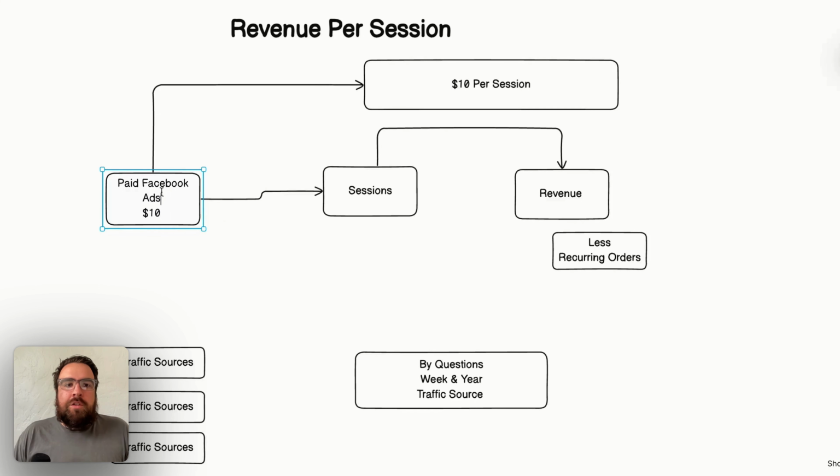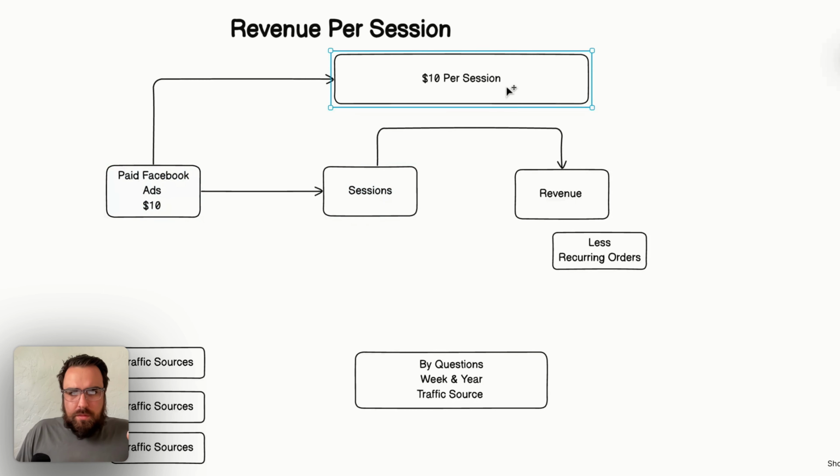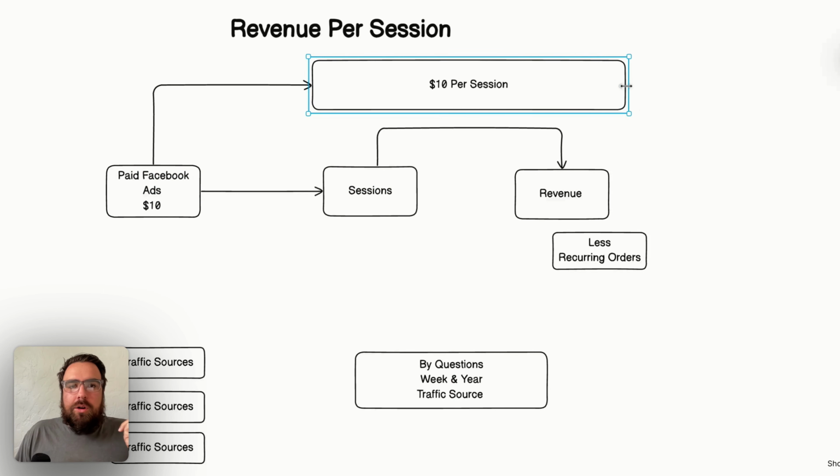That means, in general, our back of the envelope math here of $10 per session, we can drive a click or a session for $10 and we'll break even. Like back of the envelope math, that's the goal. Because our paid ads are currently doing $10 per session. And over time, we are then able to drive that revenue up and up.